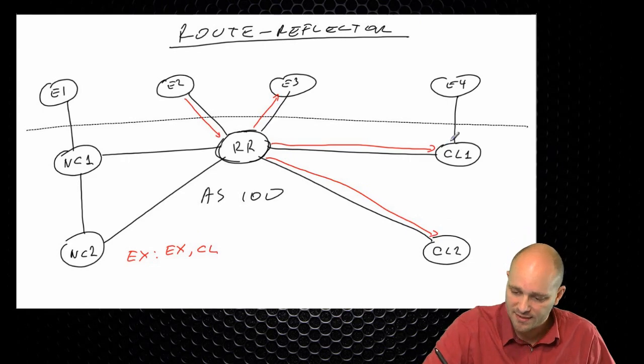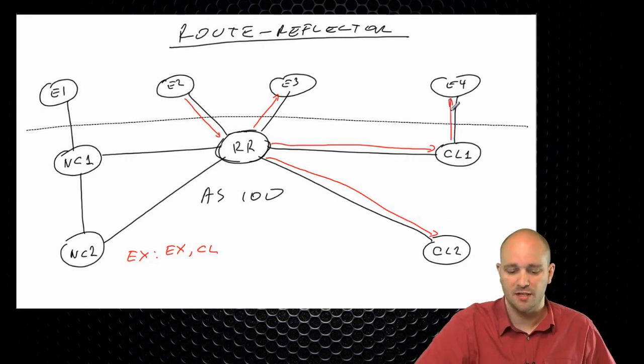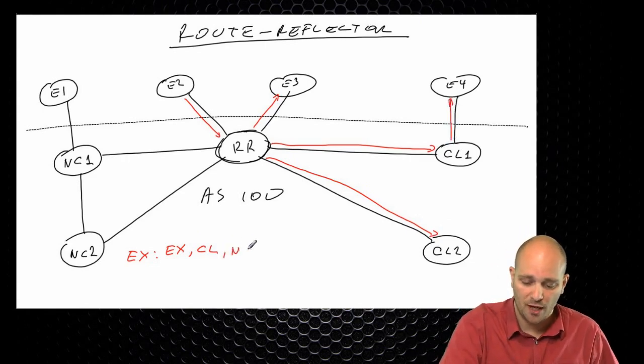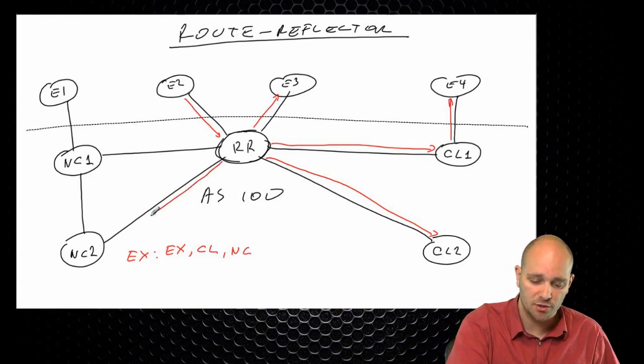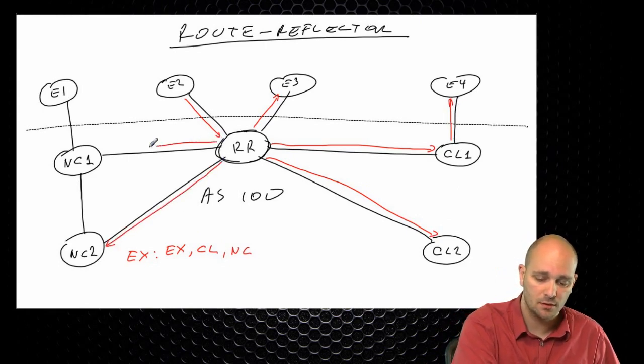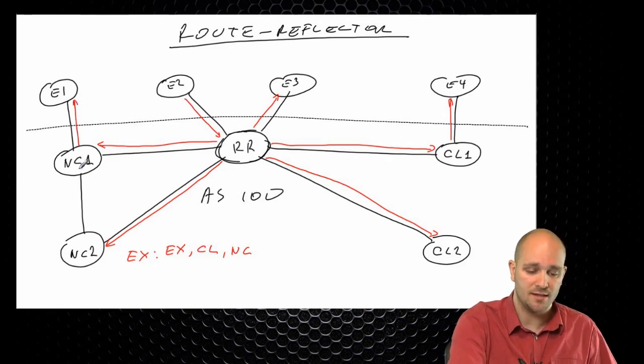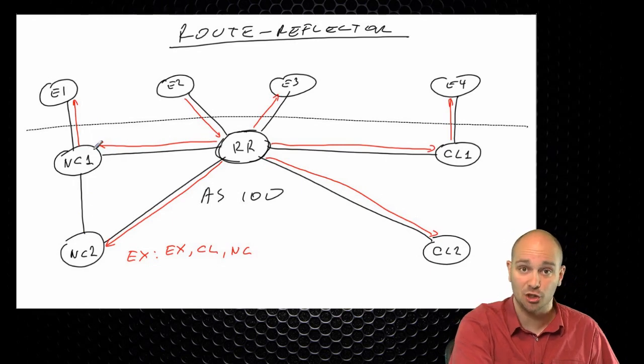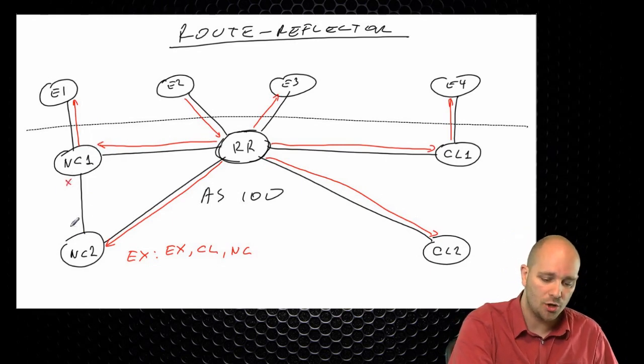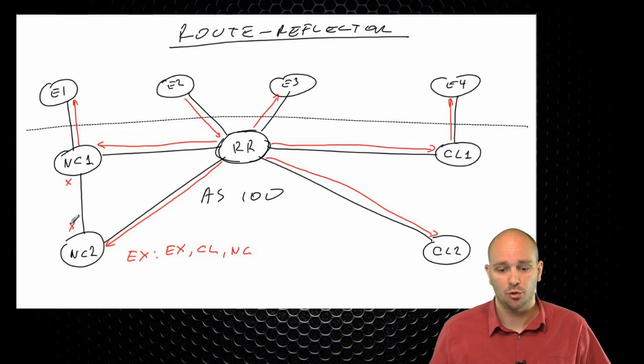And just for completeness, this will go out this way. This route will also be advertised to non-clients, so this goes here, and this goes here. Now, because non-clients are regular IBGP peers, and this at this point is an internal route, these two are not going to be advertising this route to each other.